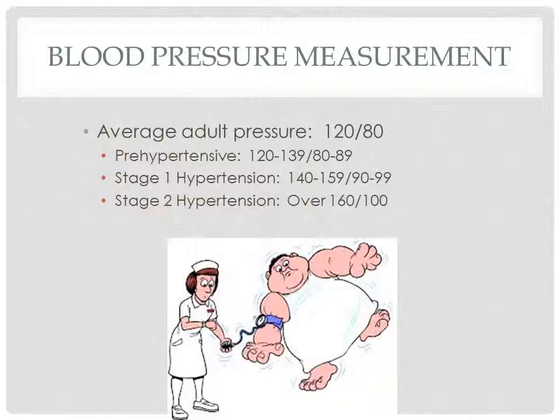You should always take the blood pressure with the client in the same position, in the same extremity, and use the same size cuff if you want the most accurate comparisons. Make sure that you are aware of these definitions of blood pressure: prehypertensive, stage 1 and stage 2 hypertension.